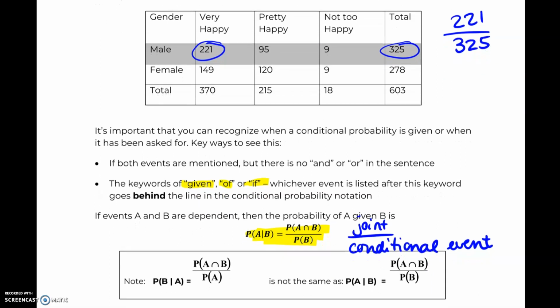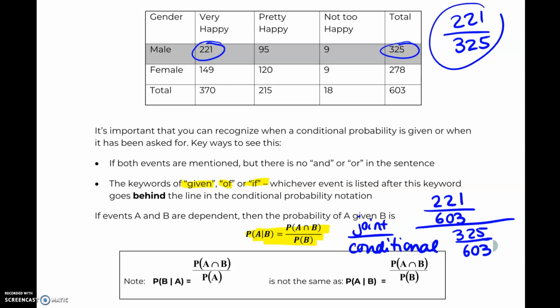And by the way, if we technically found the probability of A and B, that would be 221 divided by our grand total of 603. And then that would be divided by 325 divided by 603. And if we do a little algebra and flip the bottom fraction around, the 603s will cancel out and we're left with 221 out of 325.